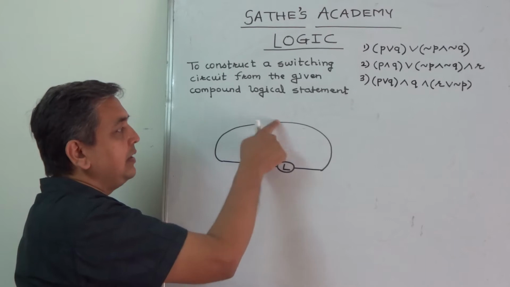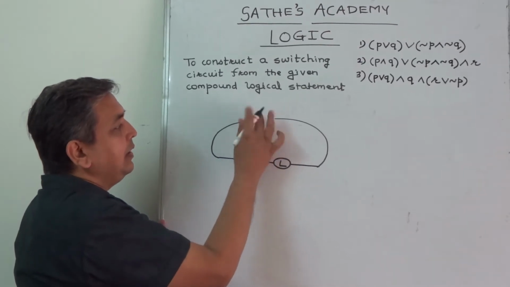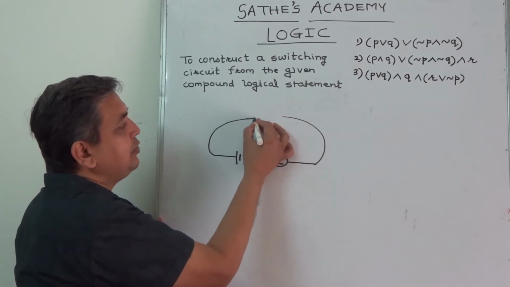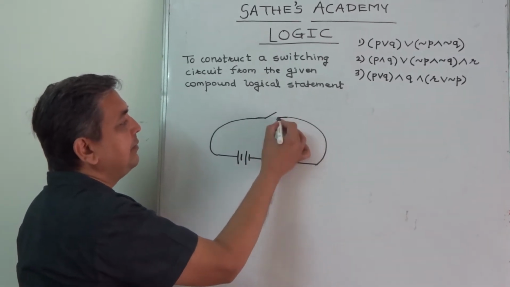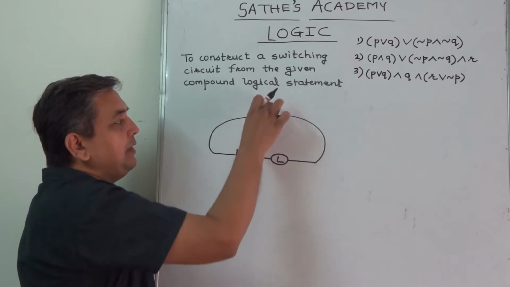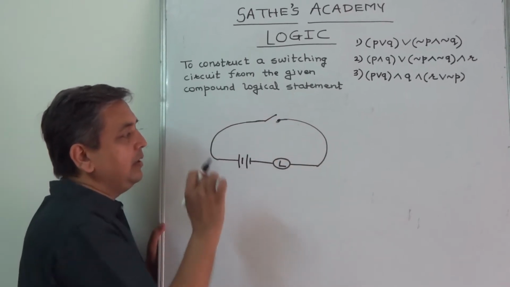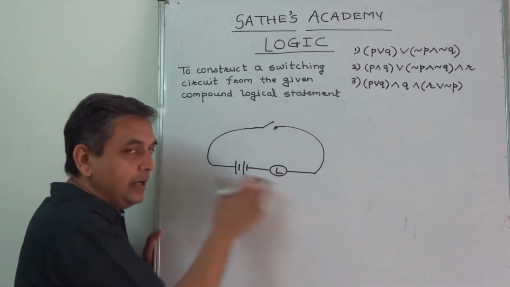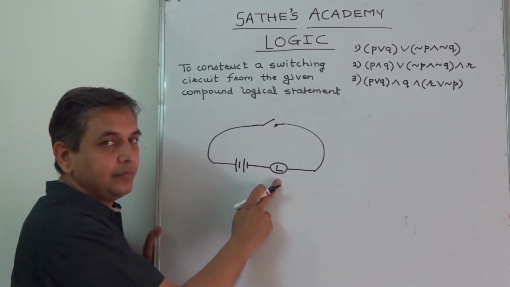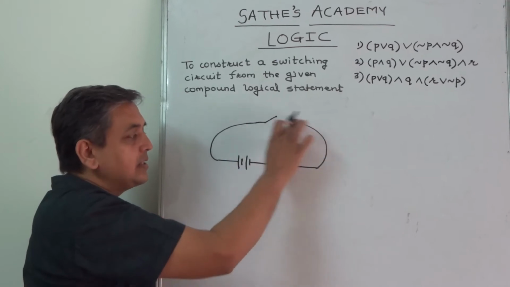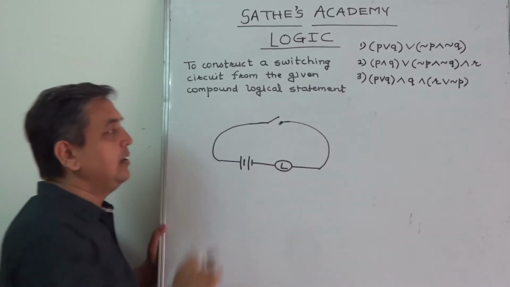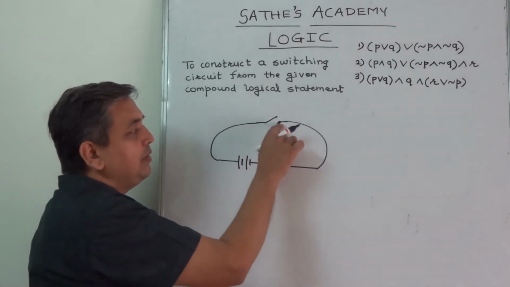Now in this circuit, if we introduce one switch, a switch is like this structure. When we tap this key, the switch will be closed, the circuit gets completed and the bulb glows. Is it clear? Now here we have used one switch.